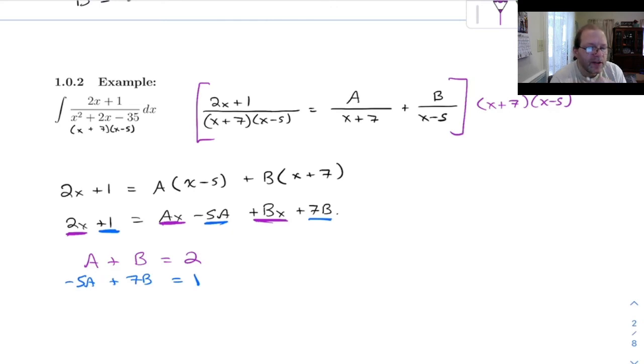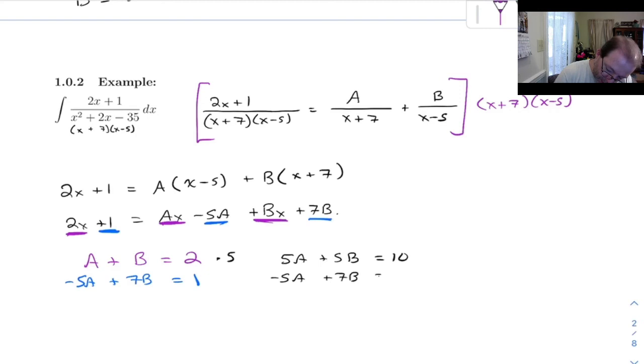Let's multiply that top equation by 5. And that's going to give me 5A plus 5B equals 10. We've got minus 5A plus 7B equals 1. So we wind up with 12B equals 11 if we add those up.